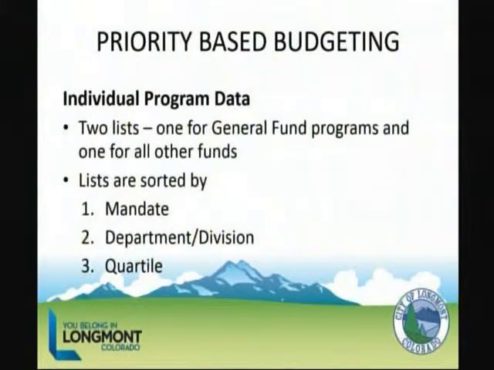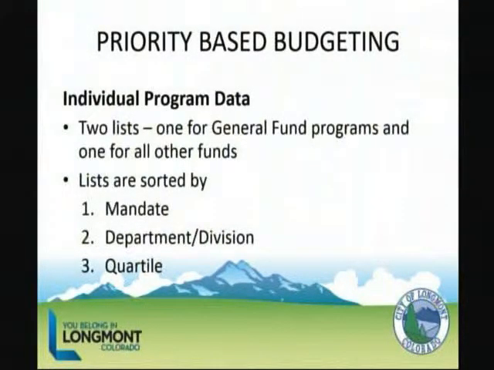But I think this is critical. I want you to at least understand what we're giving you here, because when you want to ask a question or find out about a program, this is the beginning of getting the data where you can find it. The detail on these lists includes the department and the division, the program cost, and the funding source.